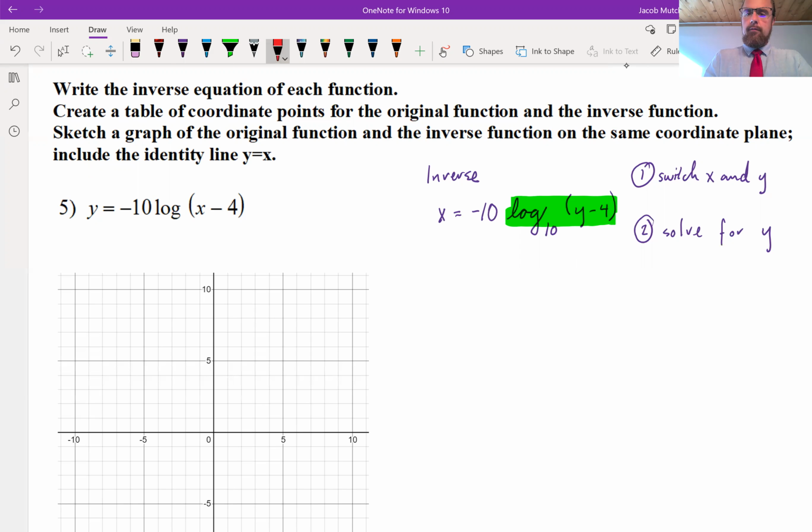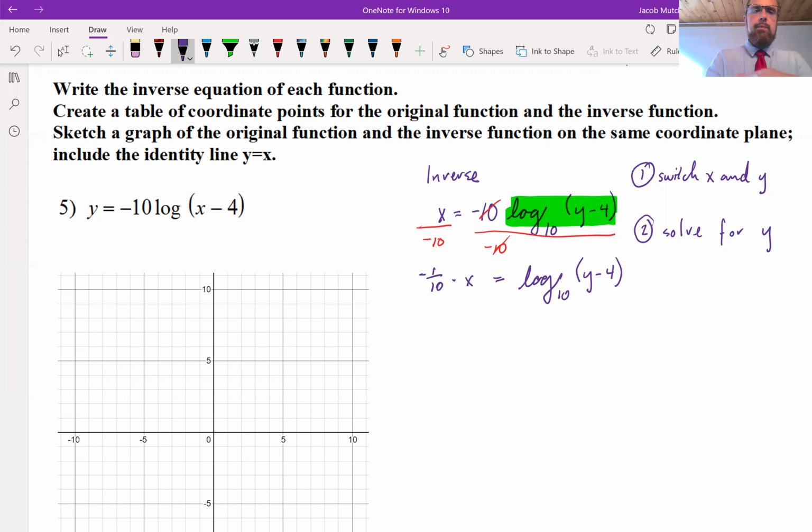So I'm going to start off by dividing each side by -10, and that'll cancel on the right. I'm going to record it here as divided by -10 on the left, but on my next step I'm going to write that as -1/10 times x. And at that point, that equals log base 10 of the argument y minus 4.